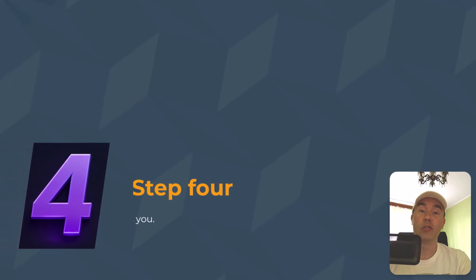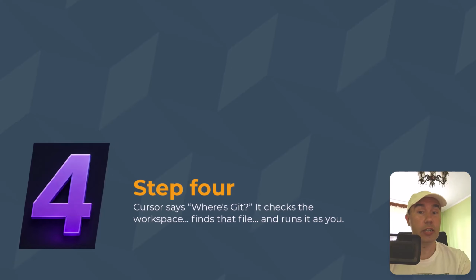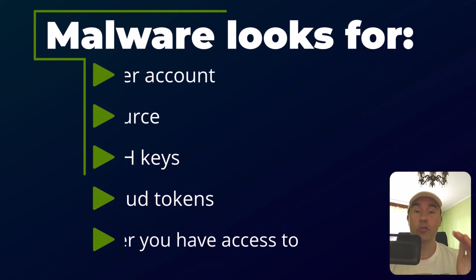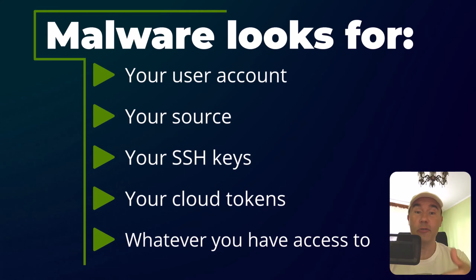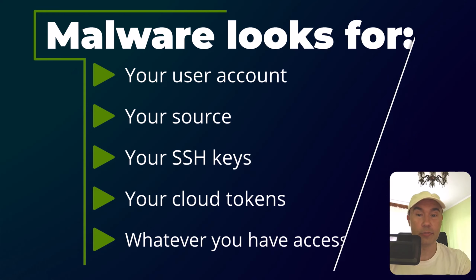Step 4. Cursor says, "Where's Git?" It checks the workspace, finds that file, and runs it as you. Your user account, your source, your SSH keys, your cloud tokens, whatever you have access to.